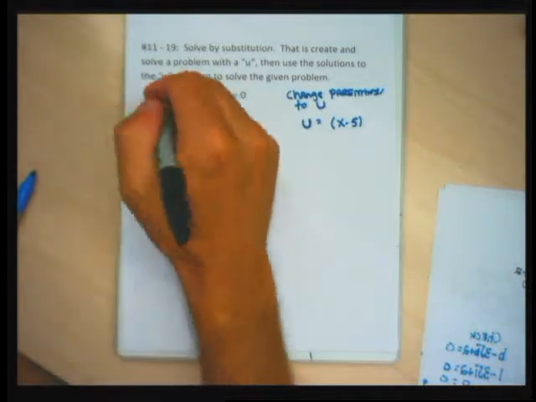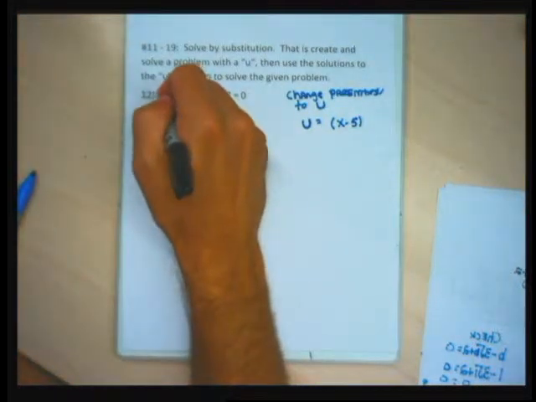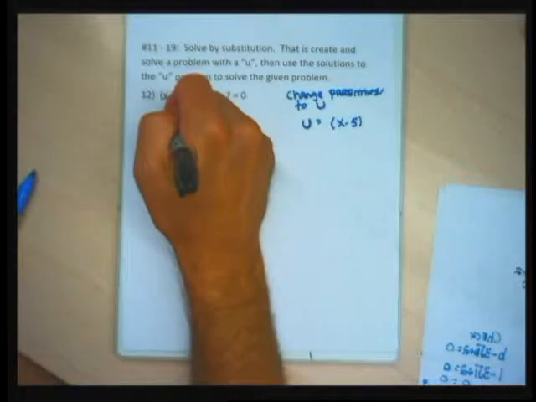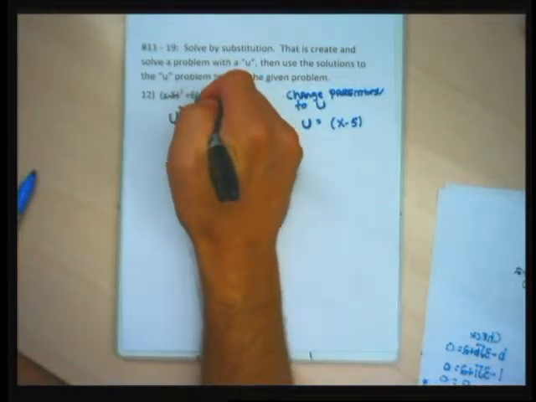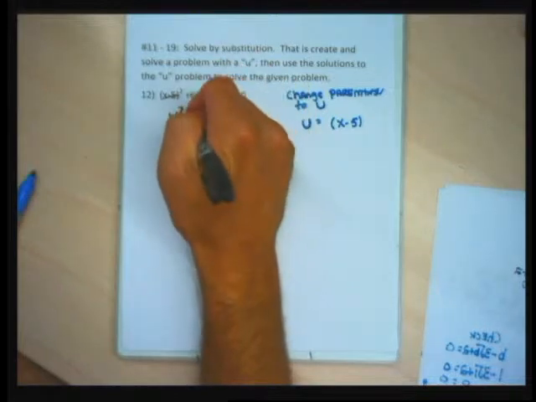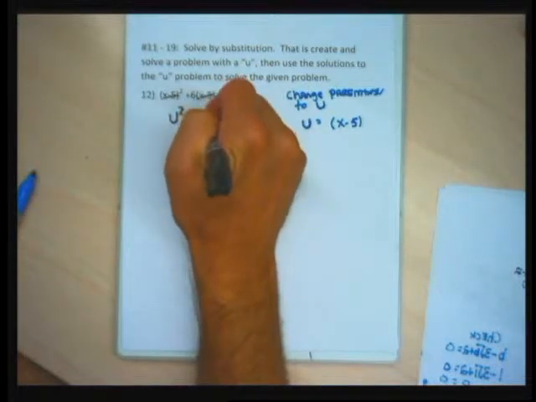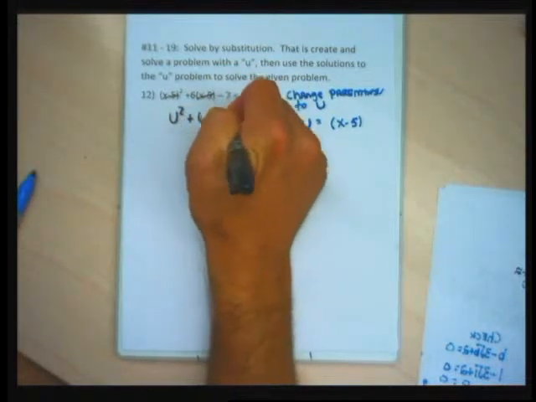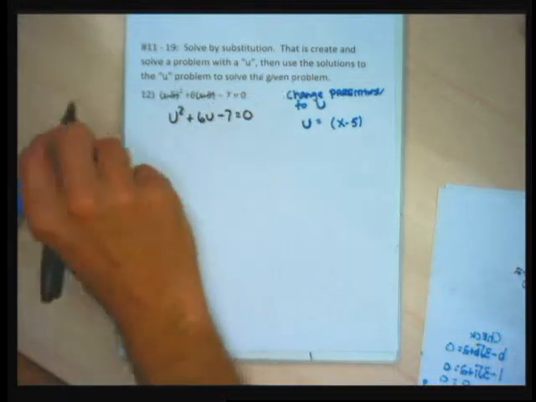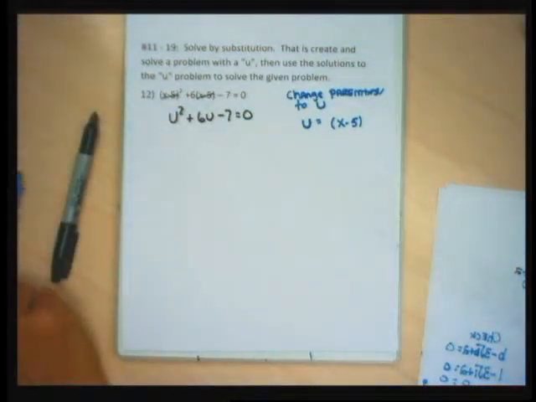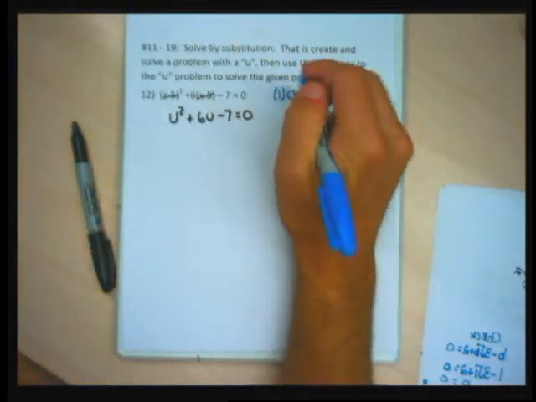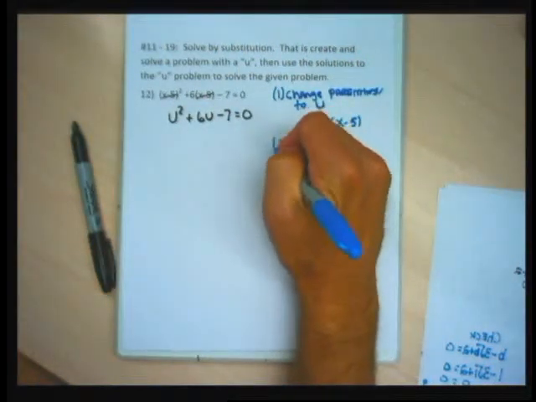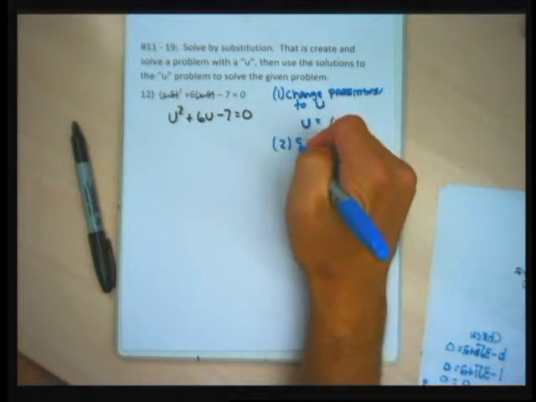On the left side, this x minus 5 and the parentheses, I'm going to make a u. I'm going to leave the exponent of 2. This x minus 5, including its parentheses, I'm going to change to a u. That problem for me is less complex than the original problem. So I like it a bit.